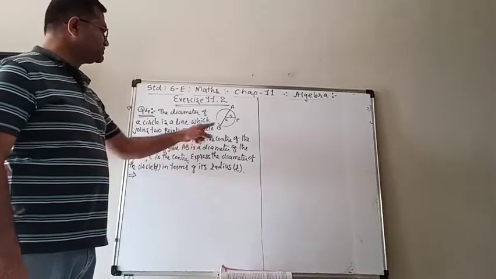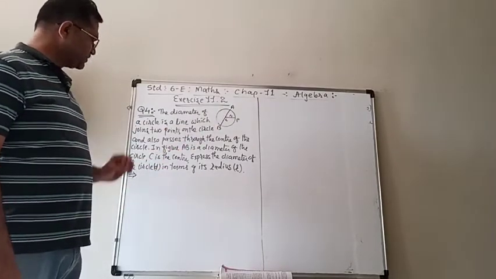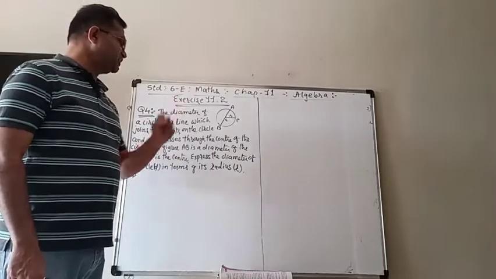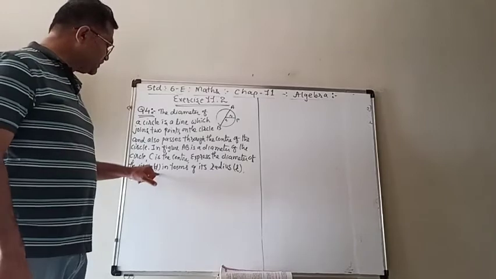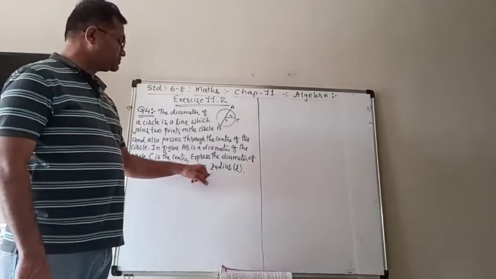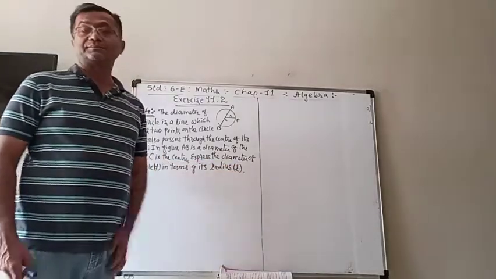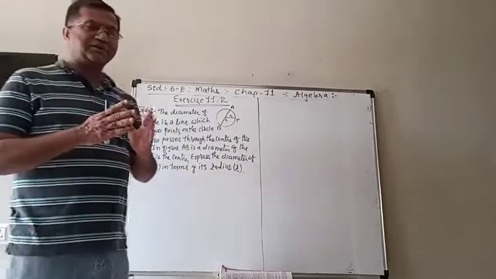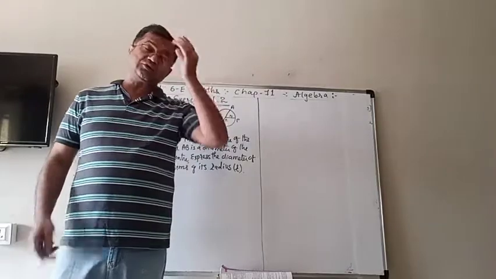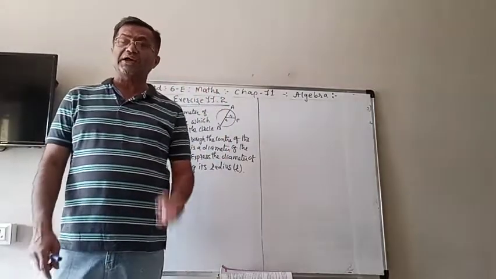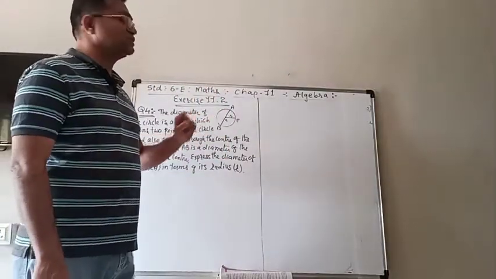In the figure, AB is the diameter of the circle, C is the center. Express the diameter of the circle D in terms of its radius R.